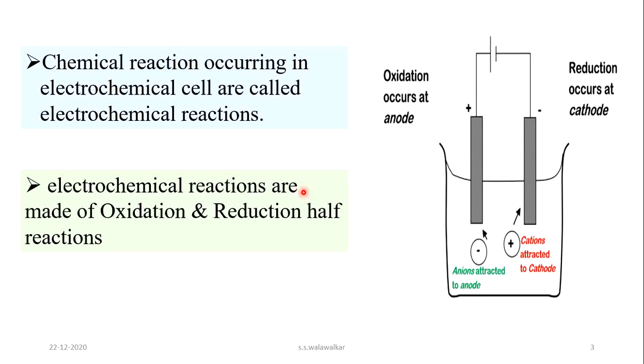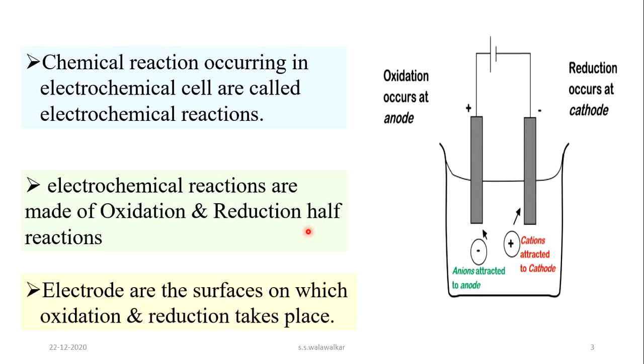So electrochemical reactions are made of oxidation and reduction half reactions. And these reactions, that means oxidation or reduction, take place on the surface of the electrode. So electrodes are the surfaces on which oxidation or reduction reaction takes place.